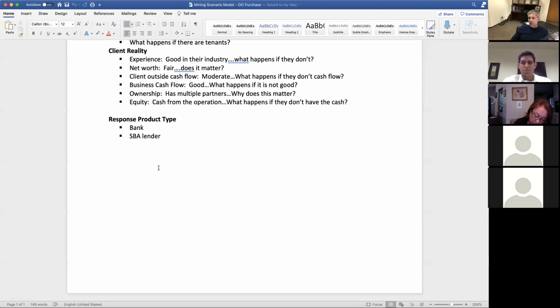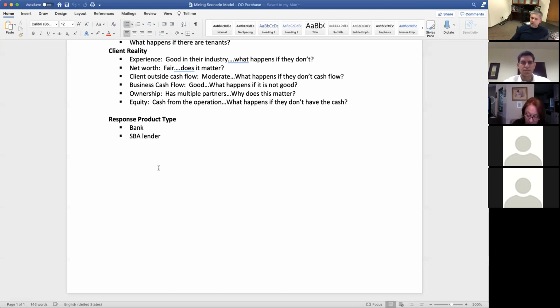But what they're more concerned about is cash. What's their cash position? When they close, have they drained all their cash, or will they have some left over?